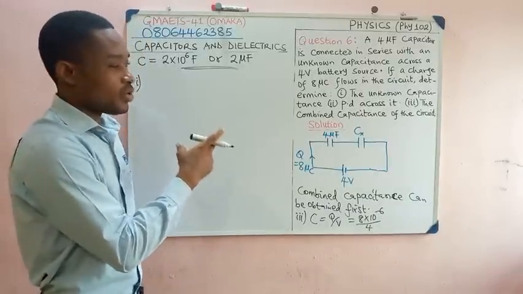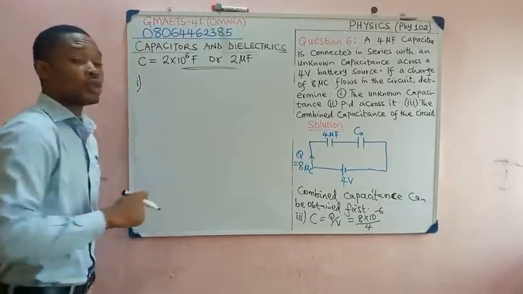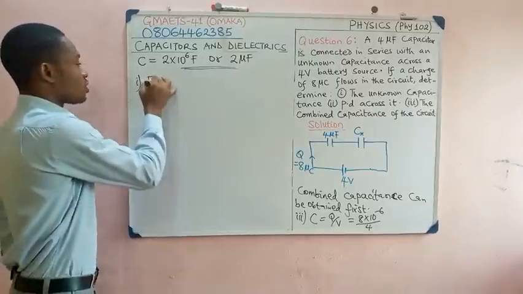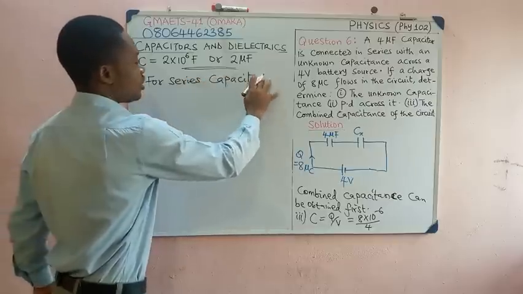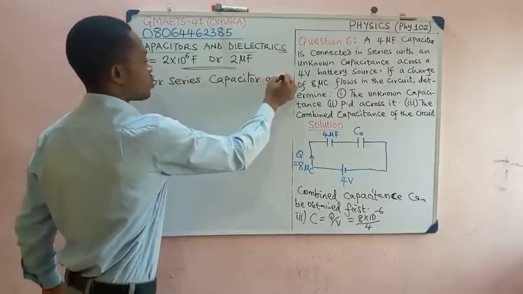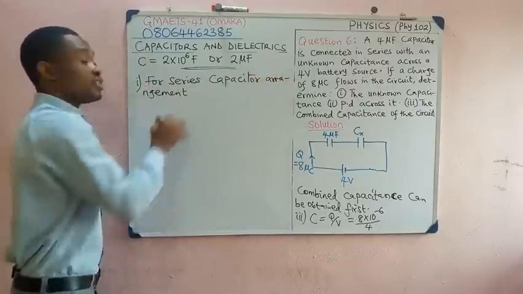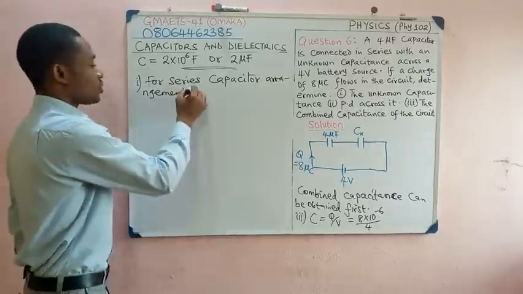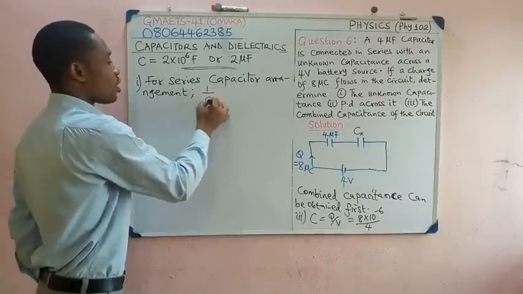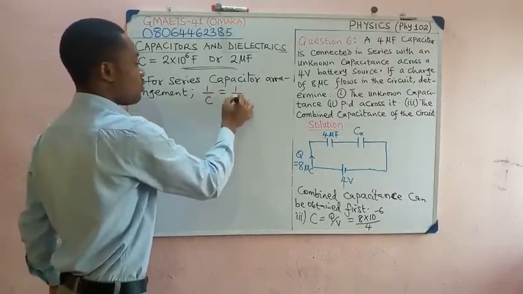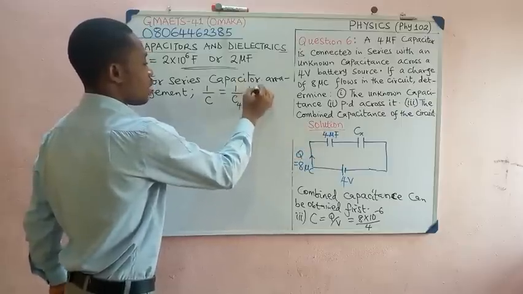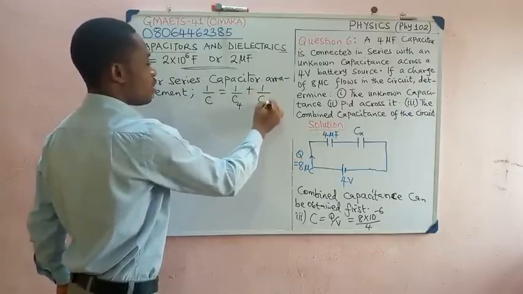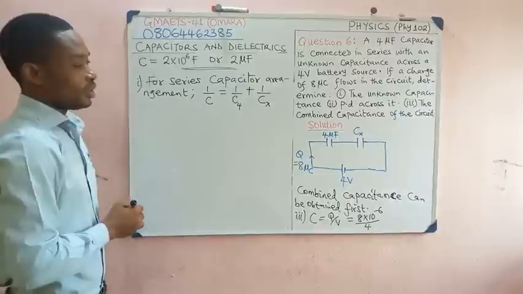Because they are arranged in series, we have the formula which we already derived in our past videos for series capacitor arrangement: 1 over the combined capacitance is equal to 1 over the capacitance of the 4 microfarad plus 1 over the capacitance of the unknown capacitor.